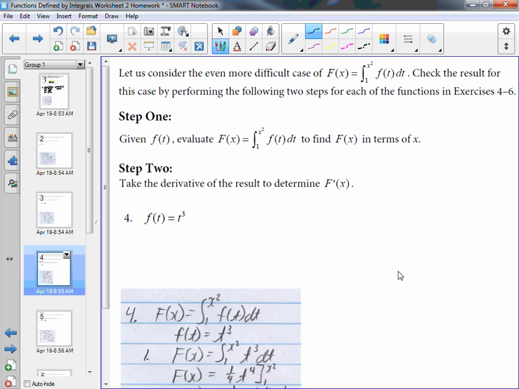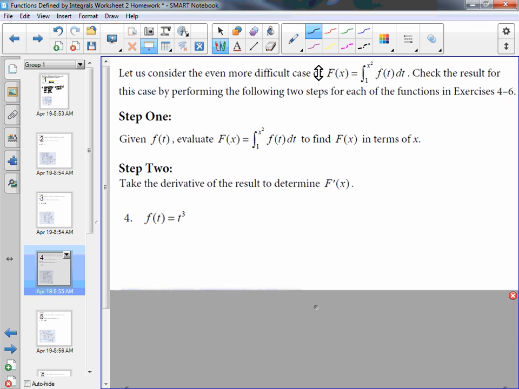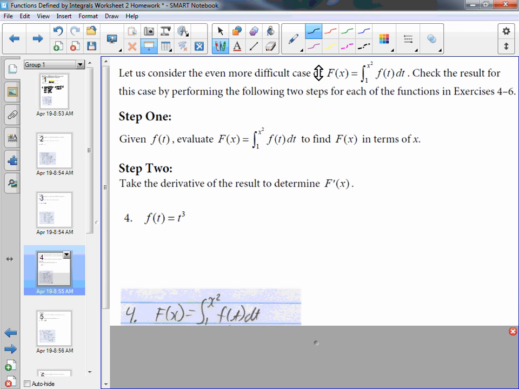So it says, given little f of t, evaluate capital F of x equals the integral from 1 to x squared of f of t dt to find capital F of x as a function that doesn't have an integral in it. Then we'll take the derivative of that. So, here we go. We've got capital F of x equals the integral from 1 to x squared of f of t dt.